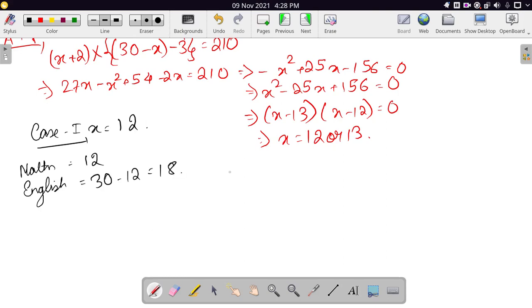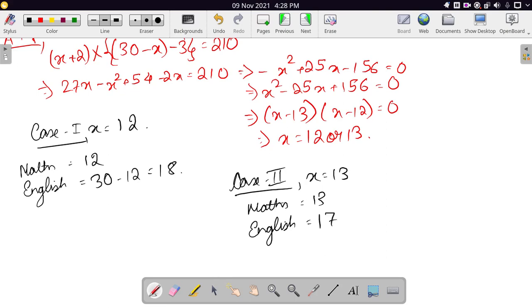Now case 2. We will compare the two cases later. First just do this. X is 13. Marks in maths is 13. Marks in English is 17. So in case 1 we saw these are the marks in English and maths.